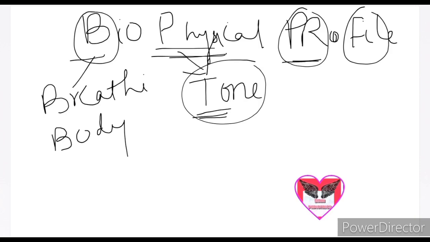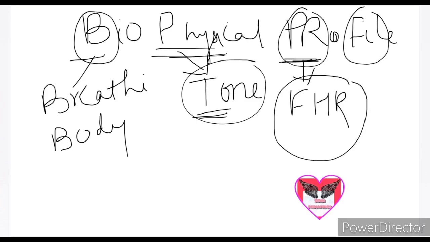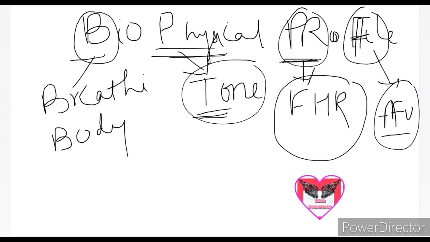Here we have profile having PR, pulse rate. Here we take the fetal heart rate. And F for fluid, means amniotic fluid volume. F for fluid, that is amniotic fluid volume.